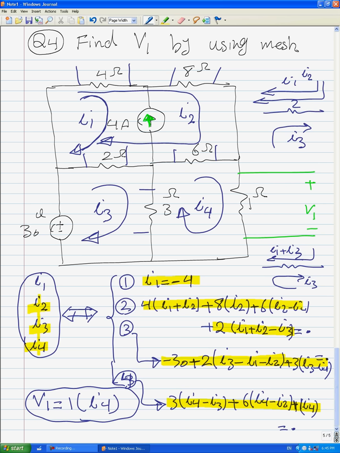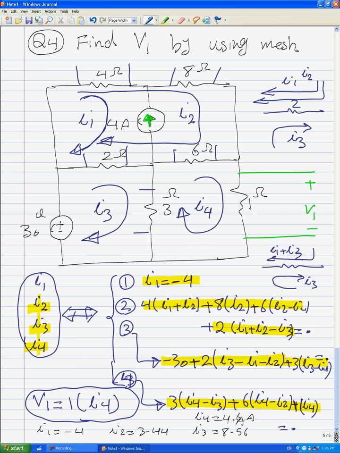The final answer is I1 is equal to minus 4, I2 is equal to 3.44 amps, I3 is equal to 8.56 amps, and I4 is equal to 4.6 amps.